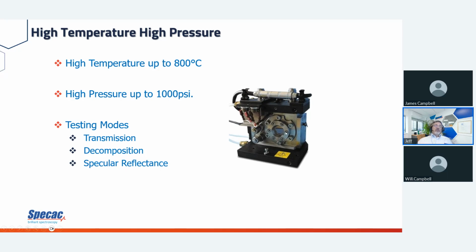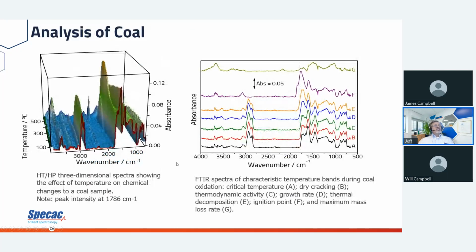And then there's another attachment that you put in there that you can do specular reflectance from. But we're just going to look at some coal, where the coal was taken, put in the pan, and it was, no, this was a pellet that they took and looked at.